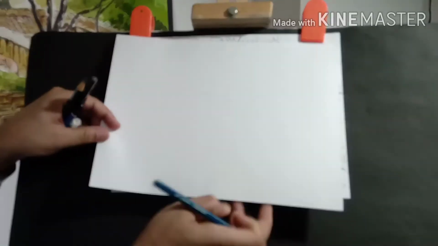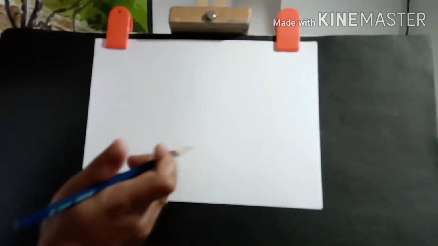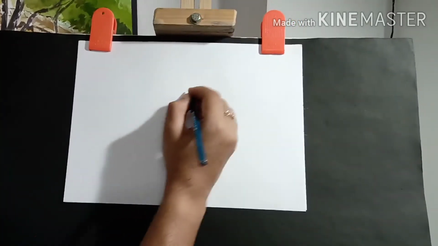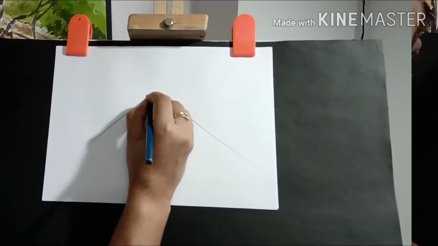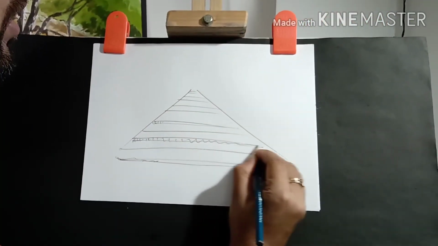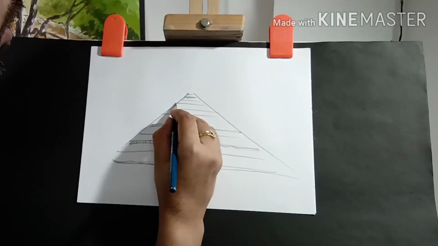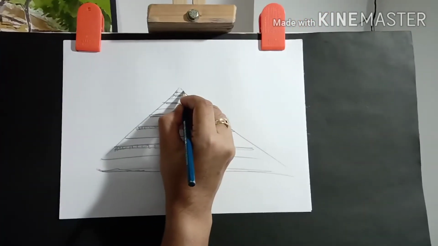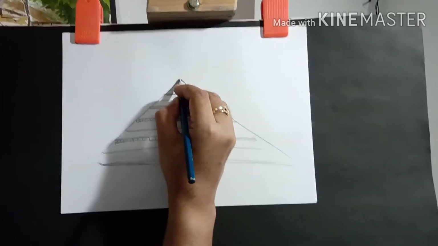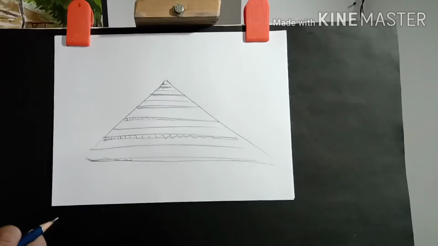Okay, let's do another drawing for vanishing point. See, if I draw one railway track, I think you can understand, it is one railway track, and as you know, this railway track never meets at one point. It is not possible.